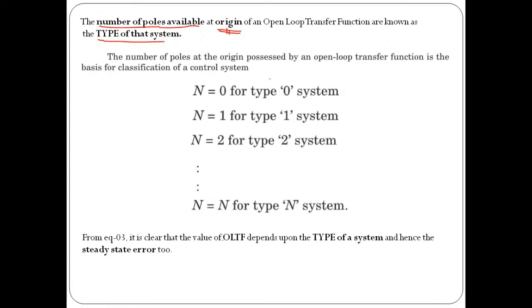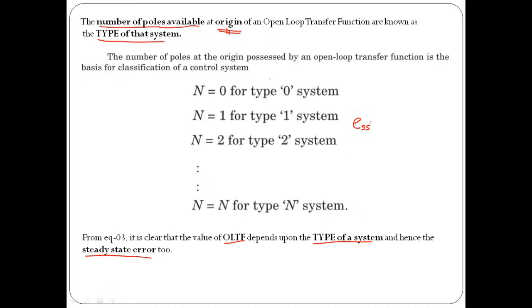So from equation number 3, it is very clear that the value of open loop transfer function depends on the type of system, and hence we can also vary the value of steady state error, because we know the general expression for steady state error.